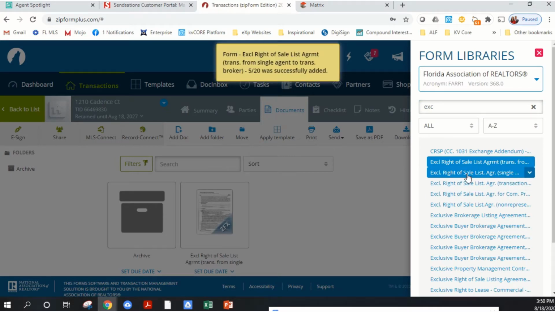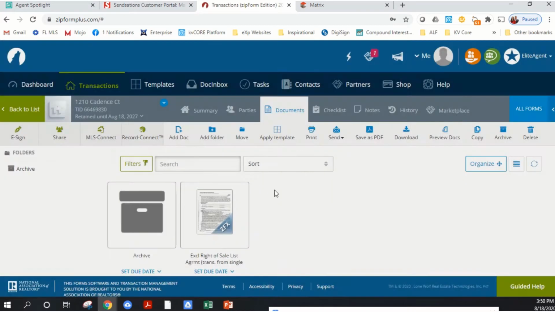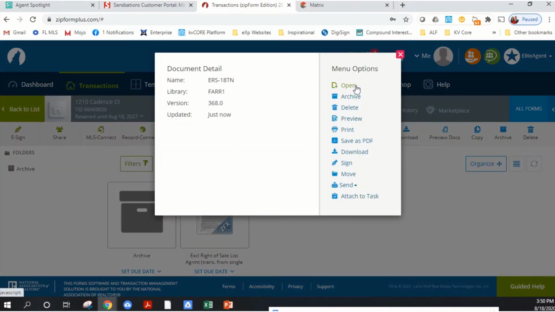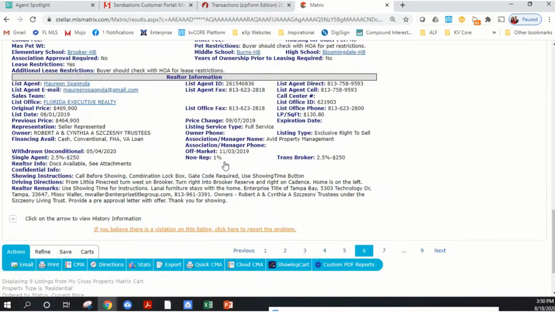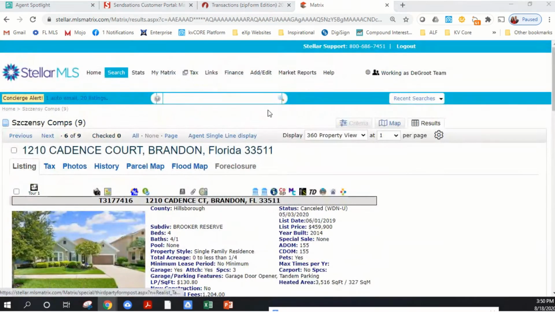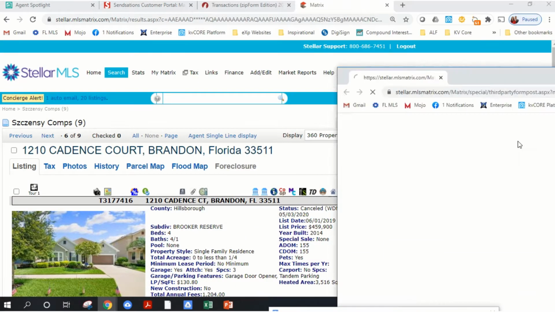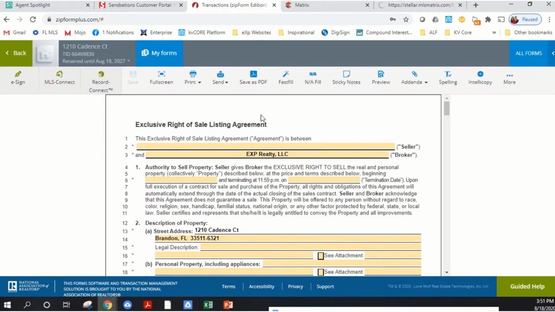There's other ones in here that have different types of representation, but this is the one EXP wants you to use. Okay. Open that. This is just an old MLS of the property. It allows me to pull some information. And I'm just opening the property record to pull the information off of that.